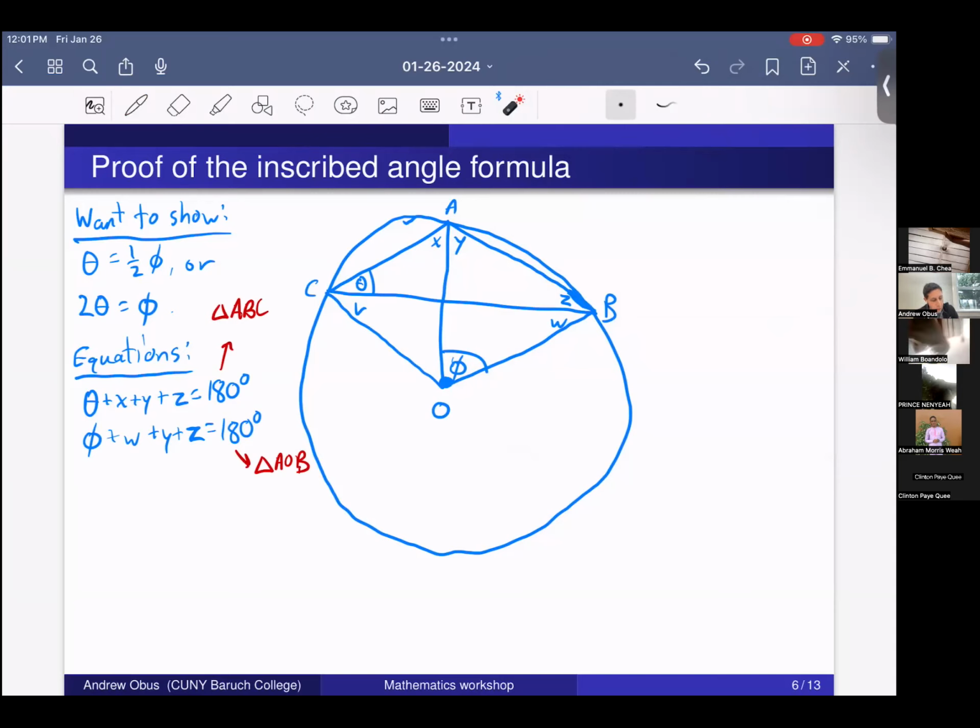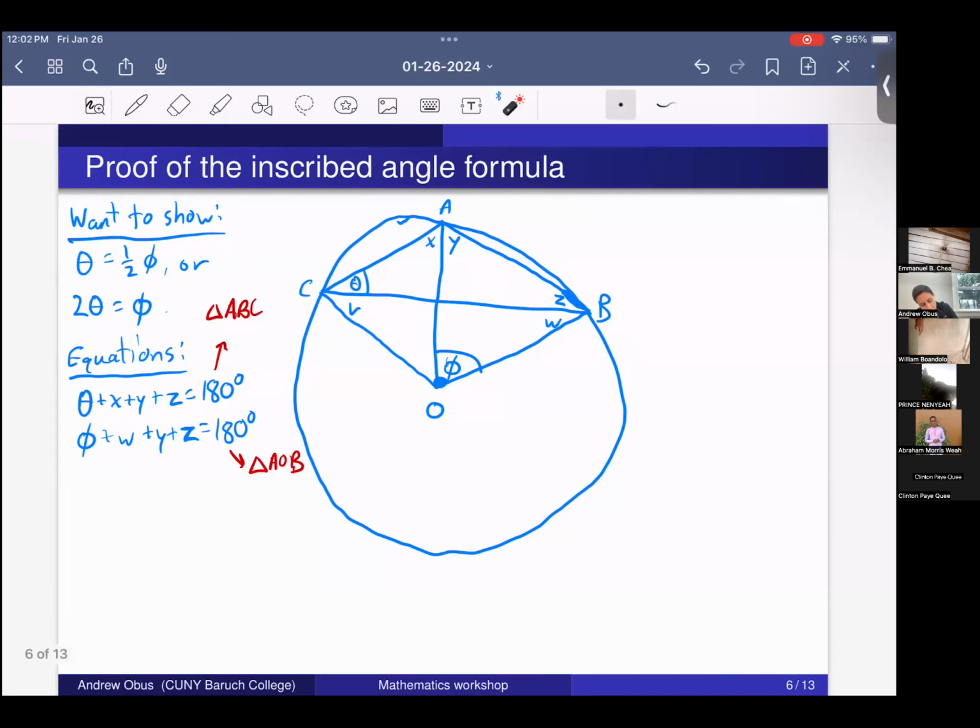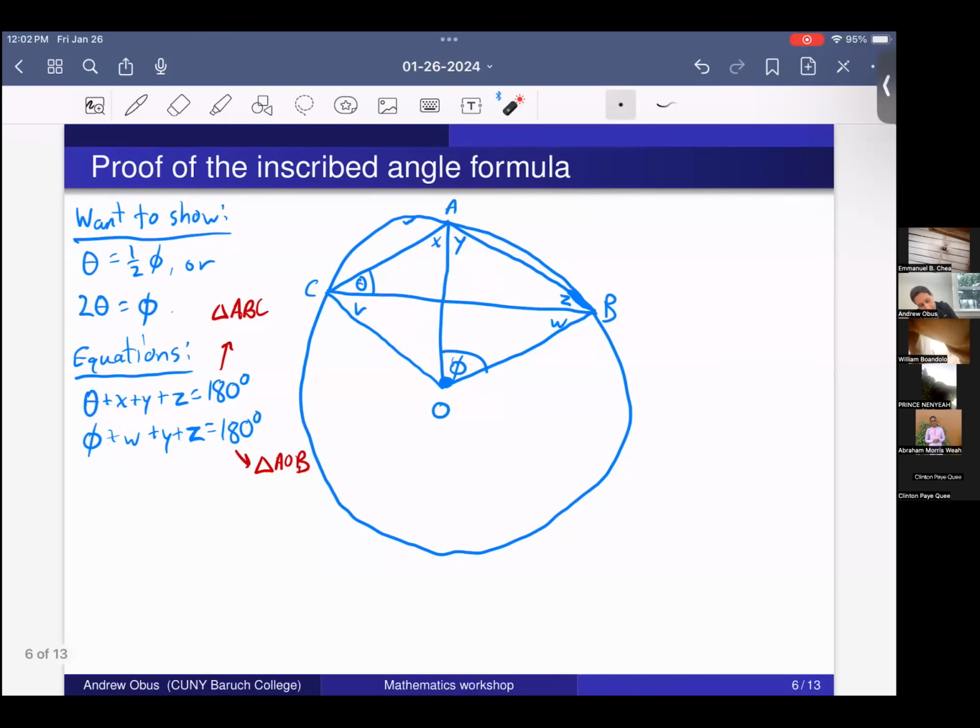Okay? So now I have two more identities. The thing to notice is that if I draw a triangle with a point at the center of the circle, and I draw two radii, all of these radii are equal, right? Because they're all the radius of the circle.